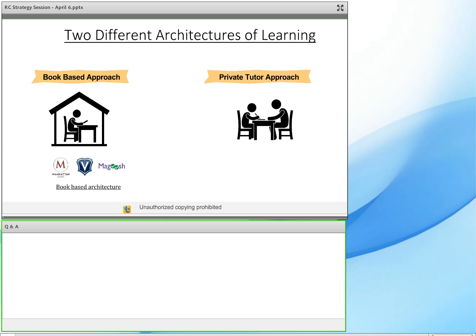Yes, they have audio-visual learning. Yes, they have assessments, but their predominant teaching architecture is still based on the classical book-based approach. When you evaluate e-GMAT against these two architectures, you're going to find it's based a lot more on the private tutoring-based architecture.